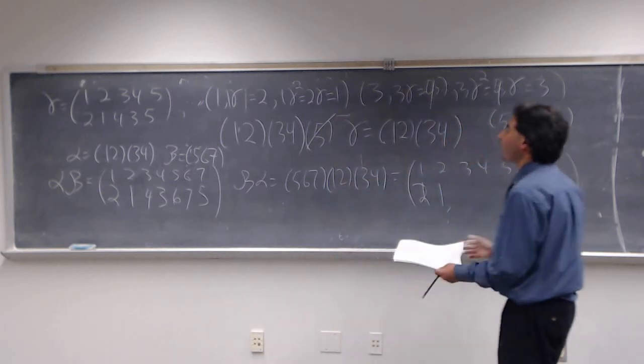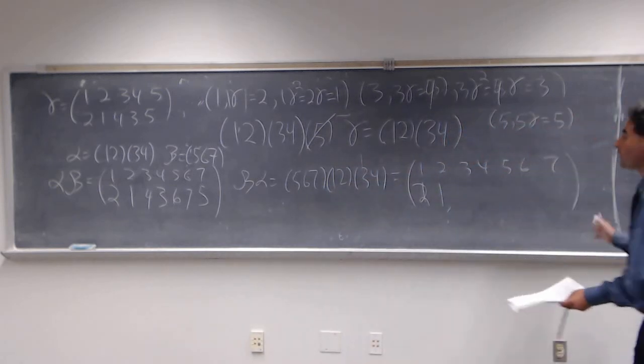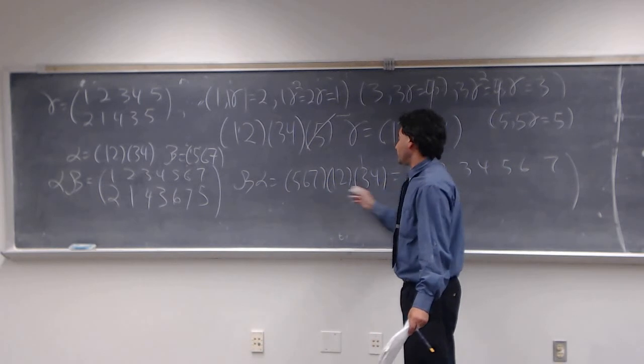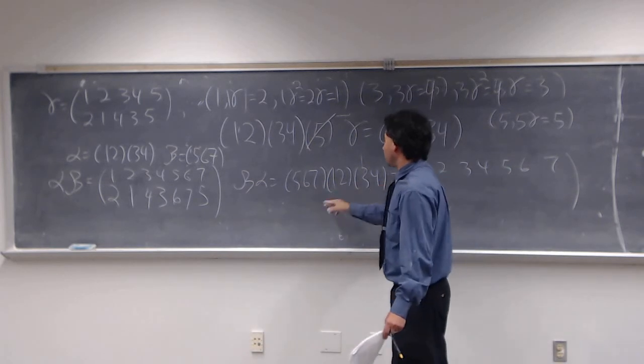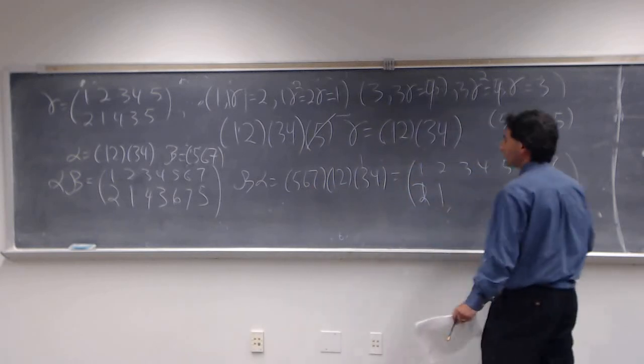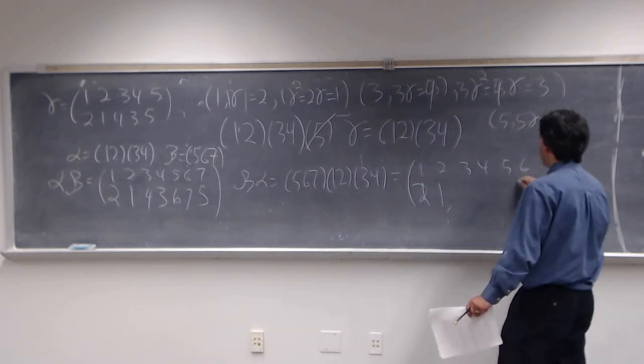See how there's nothing in common with the cycles at this joint. Once you get the cycle that involves a number, like say 6, we do this first. 6 would go to 7, and that would be it. So 6 would go to 7.